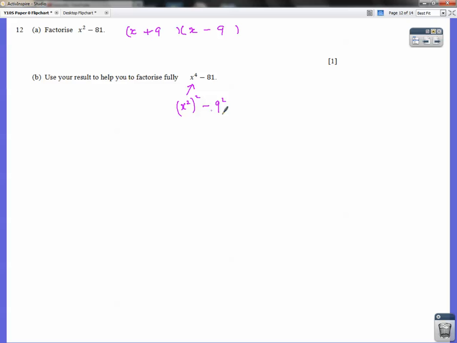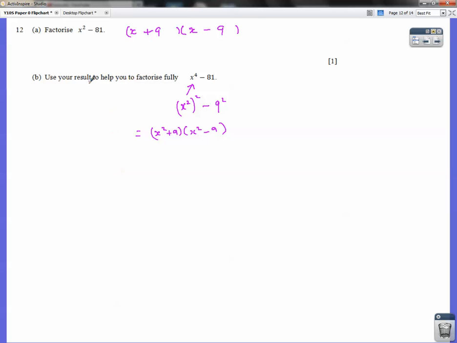So x squared squared, take away 9 squared, would be the same as x squared plus 9 multiplied by x squared minus 9. Let's just check. x squared times x squared is x to the 4th, plus a 9x squared minus 9x squared gives me no x squared term, and then minus 81 at the end.